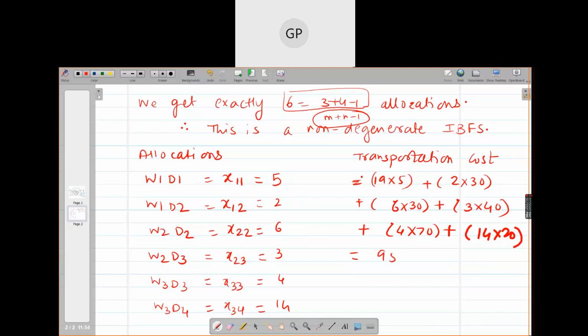So that is 95 plus 60 plus 180 plus 120 plus 280 plus 280. So what is the final answer? It is 1015. Okay? Have you understood it?